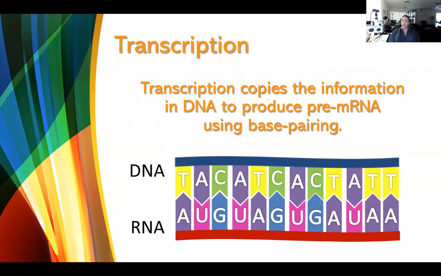So you should remember the term base pairing or complementary base pairing from the lecture video on DNA structure and replication. So I'm going to go to the whiteboard to write down some information that you need to know before we proceed.